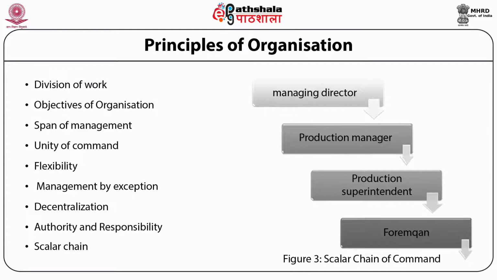Authority decreases as one goes down in the chain. Scalar chain of command suggests that there should be clearly defined and uninterrupted chain of authority from top to bottom. It not only promotes smooth communication but also gives confidence to managers for making decisions based on their authority.